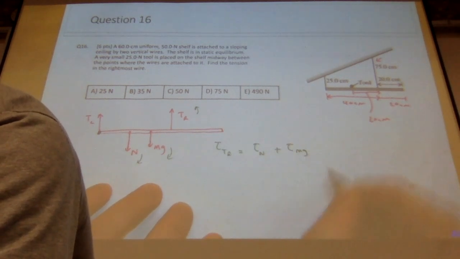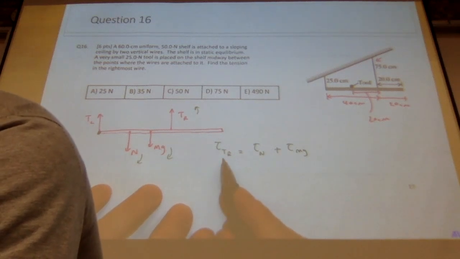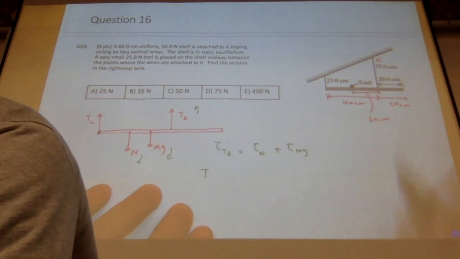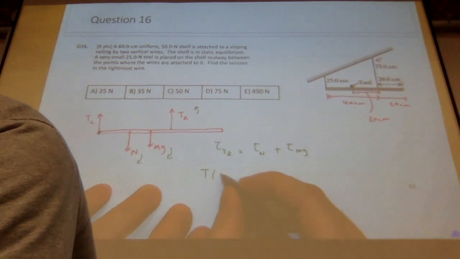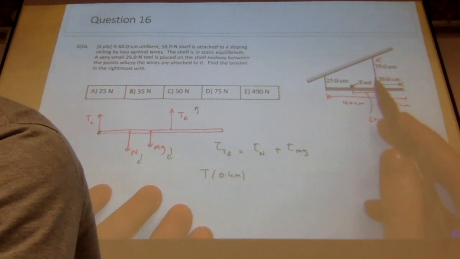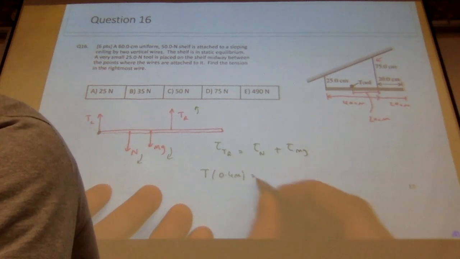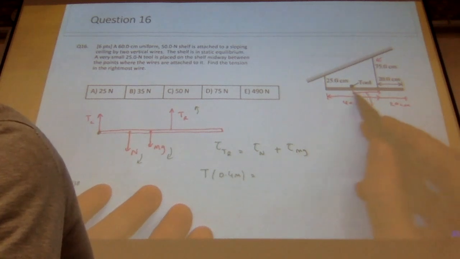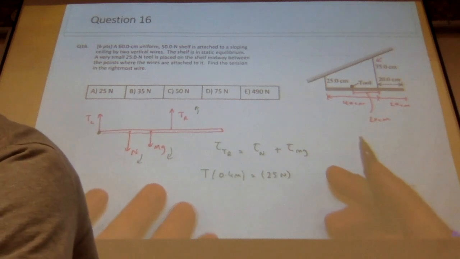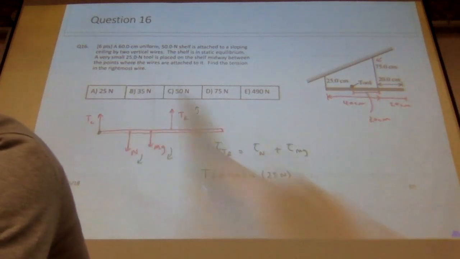torque of mg. So the tension right would be the tension, so there's no angles here, which is nice, times 0.4 meters. So it's 0.4 meters from my left end is where the tension force in the right acts. The tool is 25 newtons, so I don't need to convert by g, so this is not a mass, it's a weight force.